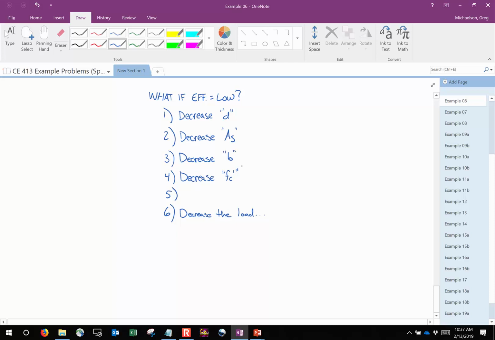There's one more. There's 5 fundamental parameters that affect how strong a beam is. The depth, the width, the area of steel, the FC prime, and what? Fy. We could decrease Fy. We could decrease the yield stress.